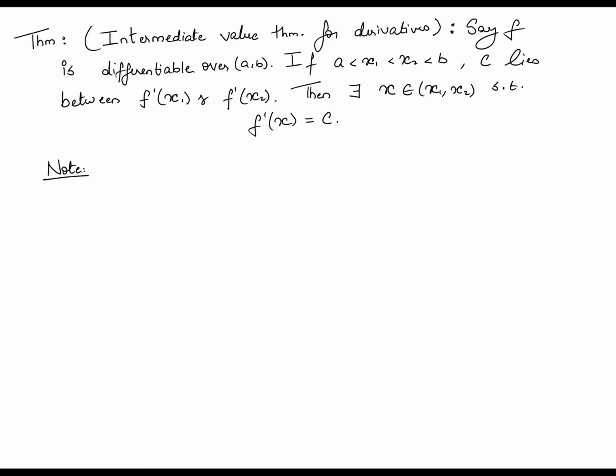So what this result is telling you is that the derivative of a differentiable function also satisfies this intermediate value property. However, this is notably different because the derivative of a function need not itself be continuous, right? So even though the derivative is not necessarily continuous, it satisfies this intermediate value property, which is what makes this very surprising.